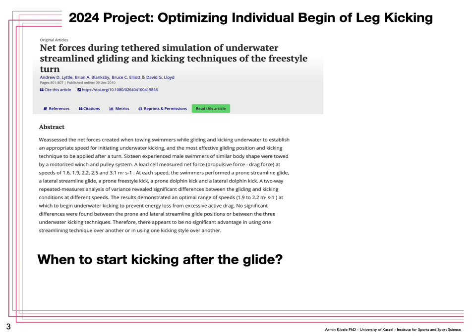The results indicated an optimal range of horizontal velocities between 1.9 and 2.2 meters per second at which to initiate underwater kicking to prevent energy loss due to excessive active drag. No significant differences were found between the prone and lateral streamline glide positions or between the three underwater kicking techniques.